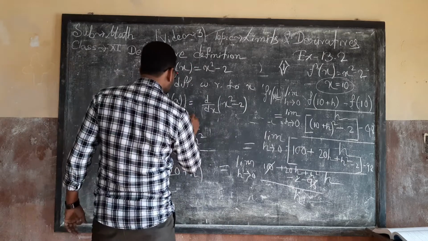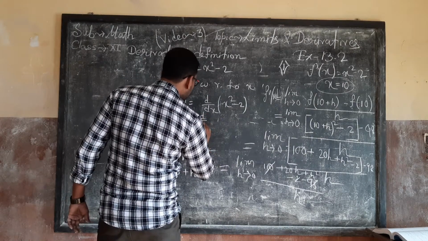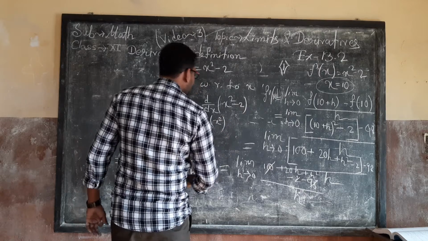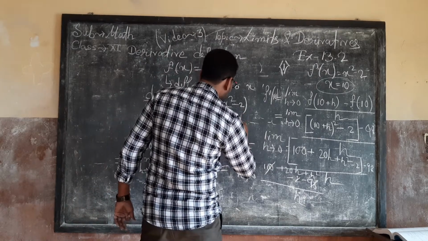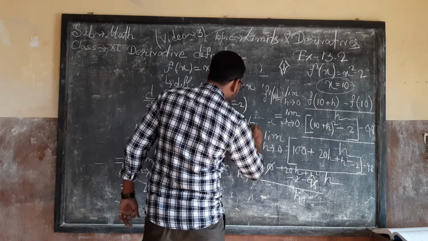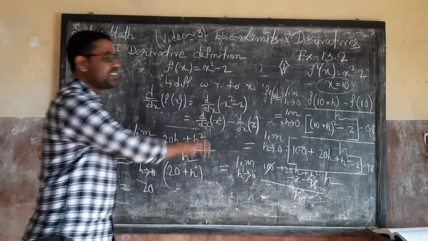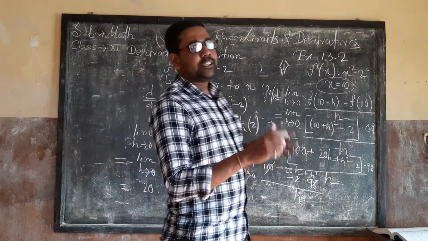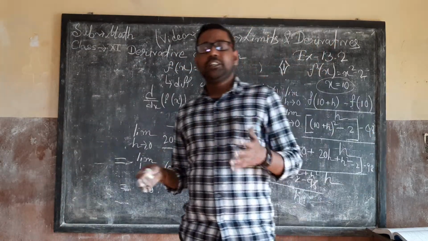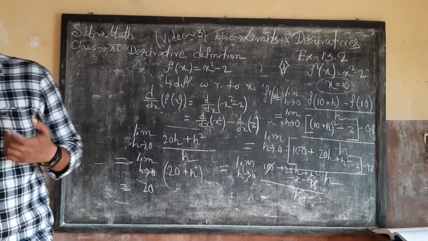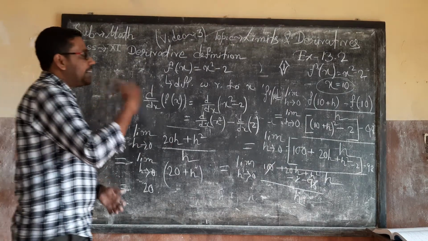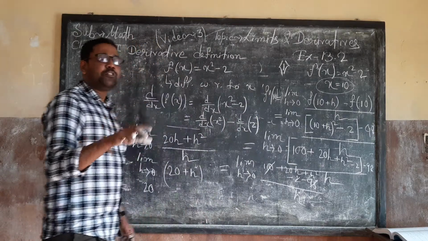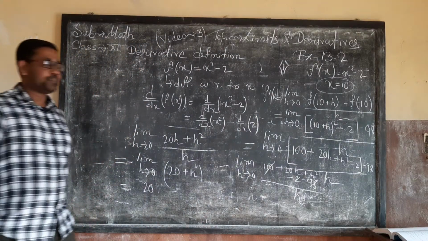Okay, and from this we can split this derivative: the derivative of x square minus the derivative of 2. This is one of the properties of the derivative. When any function is connected by addition or subtraction, with many terms connected by addition and subtraction, then we split it and perform the individual derivatives for each term.